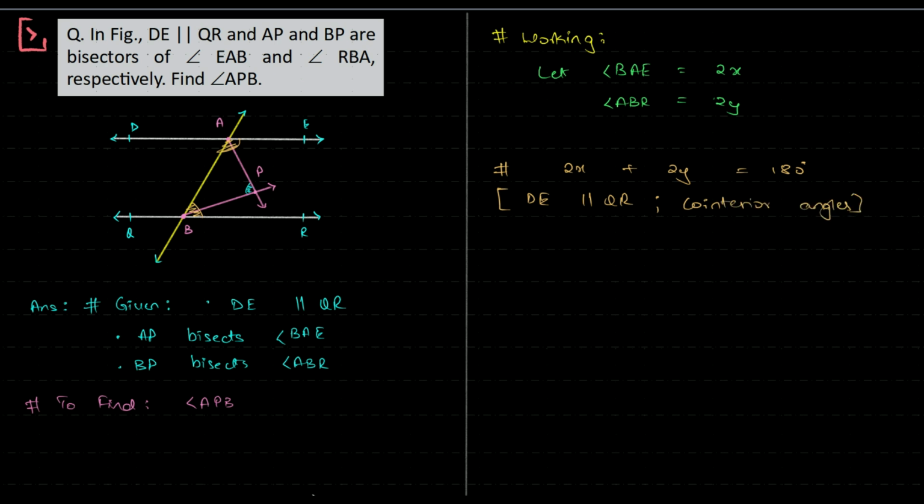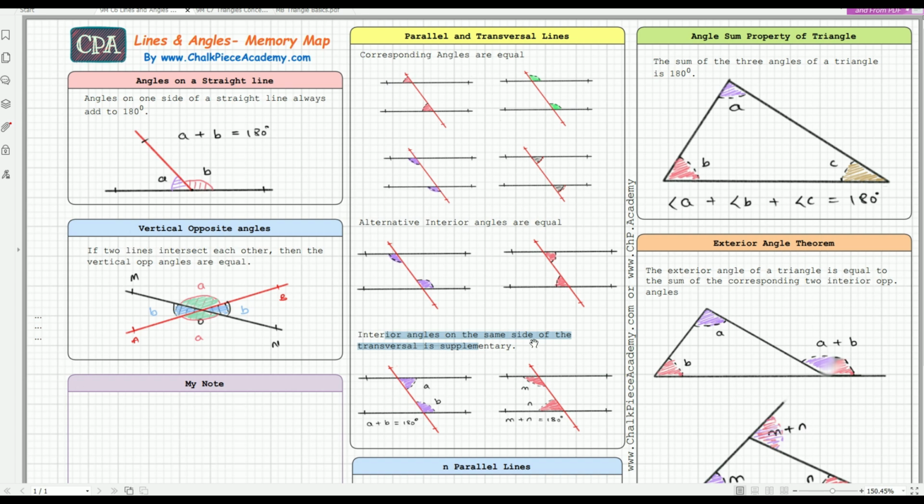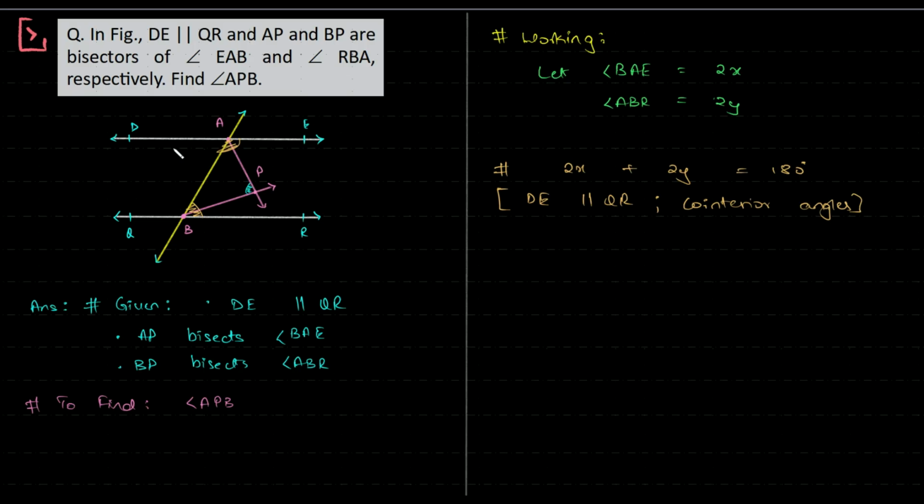What does it mean? They are interior angles on the same side of the transversal. So they will add up to 180 degrees, provided the two lines are parallel, which they are.